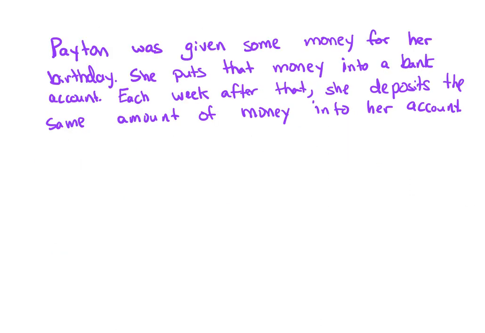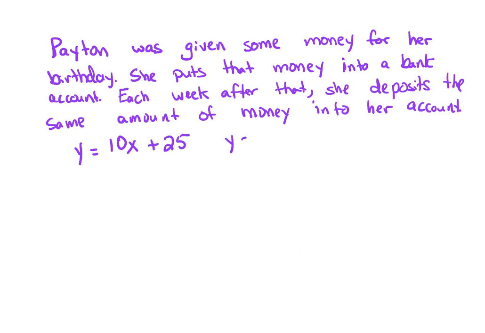All right, let's consider a real-life situation where we would maybe see slope-intercept equations. We have an example here where Peyton was given some money for her birthday. She puts that money into a bank account. Each week after that, she deposits the same amount of money into her account. We can actually write an equation that models this. Let's say in our case, the equation is y equals 10x plus 25.